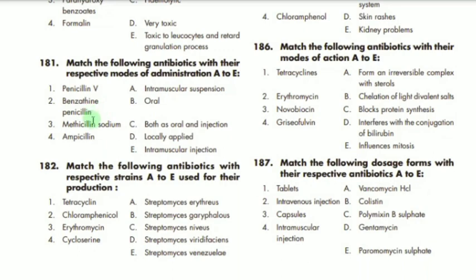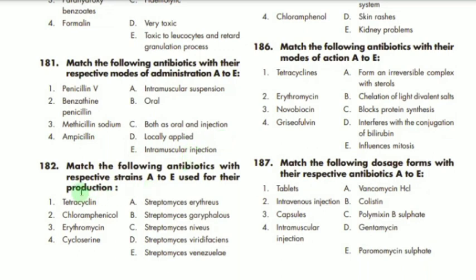Benzathine penicillin is mostly recommended as an intramuscular suspension. So A is the correct option. Third we have methicillin sodium. Methicillin sodium is actually recommended for intramuscular injection. E is the correct option. Then we have ampicillin for 4. For 4, the correct option is oral and injection.